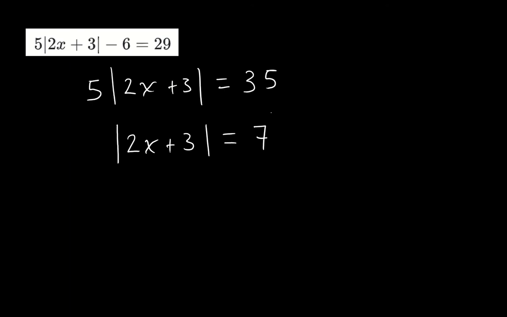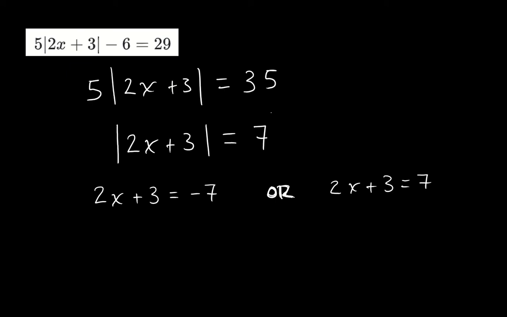I typically do the negative portion first, so I will write that 2x plus 3 could be negative 7, or, and by the way, within an equality, it's always going to be an or that joins them, or that number inside could have been positive 7. So, or 2x plus 3 could be the number 7.